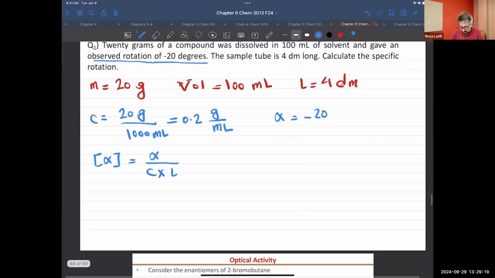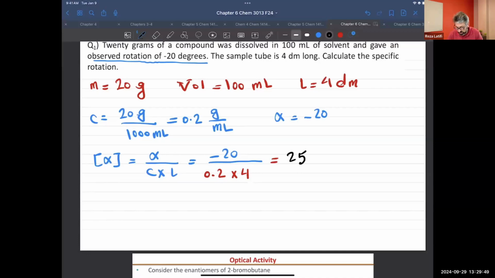So we go minus 20 divided by 0.2 gram over milliliter, multiplied by 4 decimeter. You don't really need to write the unit here. Just put the number 0.2 multiplied by 4 decimeter and calculate that. So I go 20 divided by 0.2 divided by 4. I got this equal to 25 degrees. It's negative, so I'm going to say the specific rotation is minus 25.